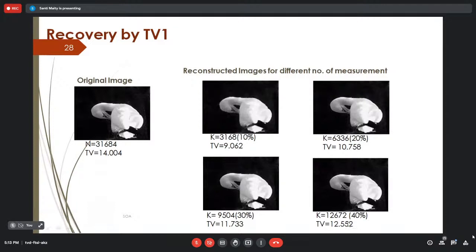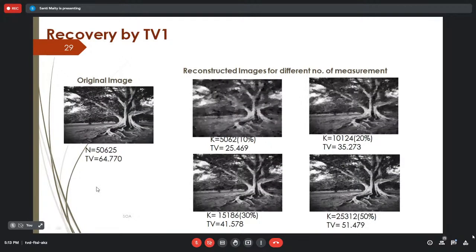So you can have a progressive quality access control mechanism based on the available bandwidth or storage space. You can control your measurements, and you can go for an energy saving way of data transmission, storage, and reconstruction. I saw similar things for another image of about 50,000 pixels: when you keep 10%, you see this reconstruction; when you go for 50%, this reconstruction. You could not get this ratio of compression and quality with standard compression techniques.